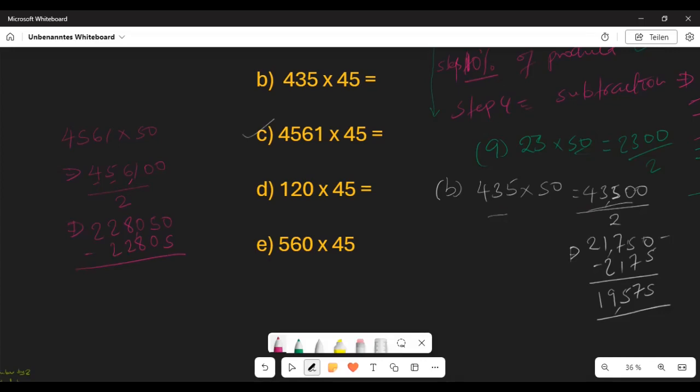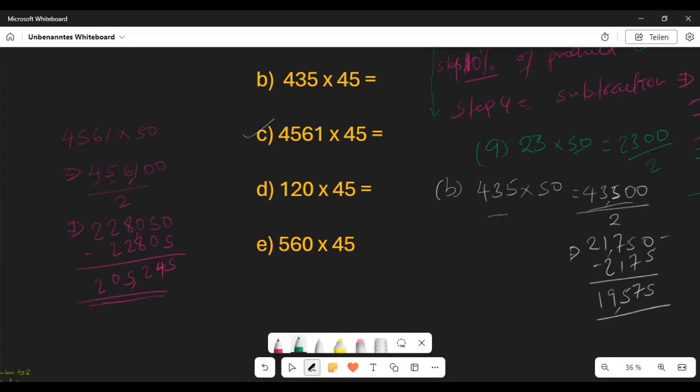So in that case, now we have 205,245 as our answer. So that is how to do that quickly and easily.